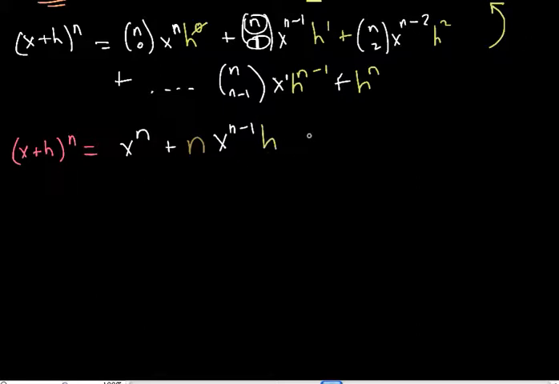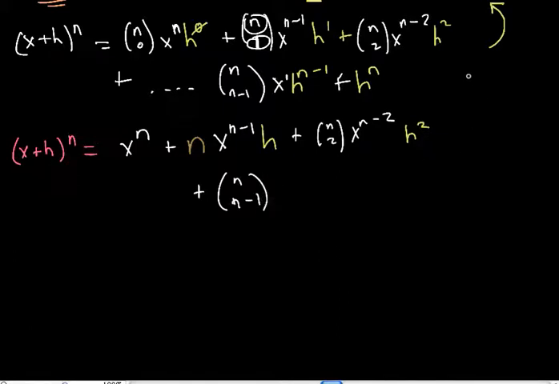For the next couple terms I don't feel like using a combination formula to break that out. So I'm just going to leave it at n choose 2, x^(n-2), and I'm going to leave my h squared there. And if I keep going with that, I'm going to get all the way down to plus n choose n minus 1.